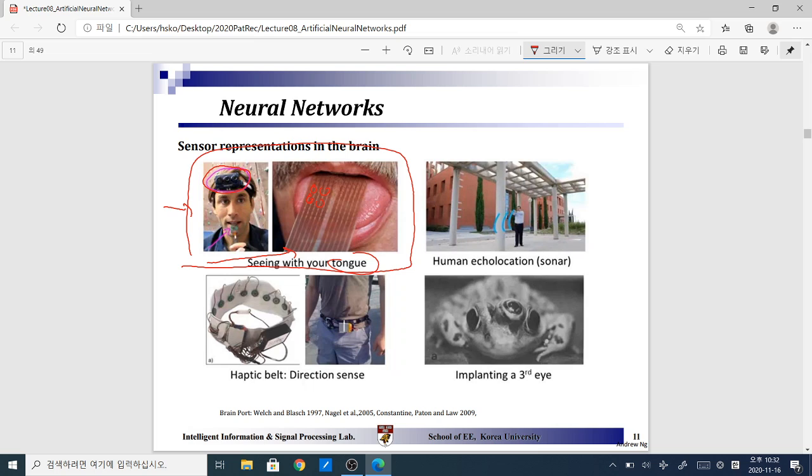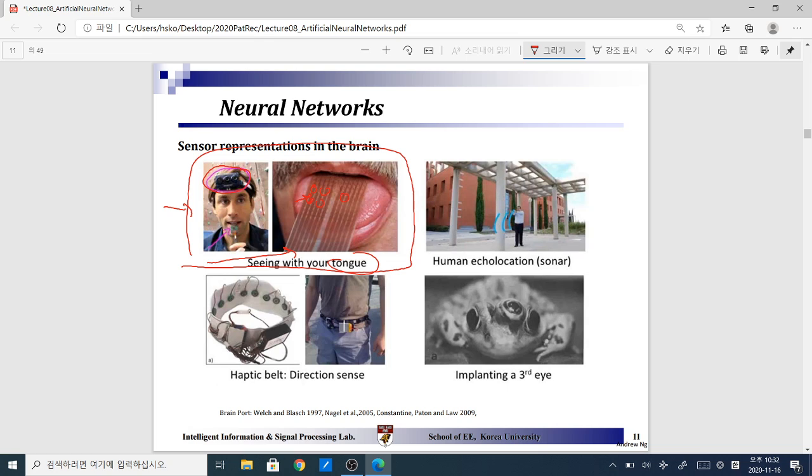For example, if it sees dark components within the field of view, it will activate a specific pixel value here.